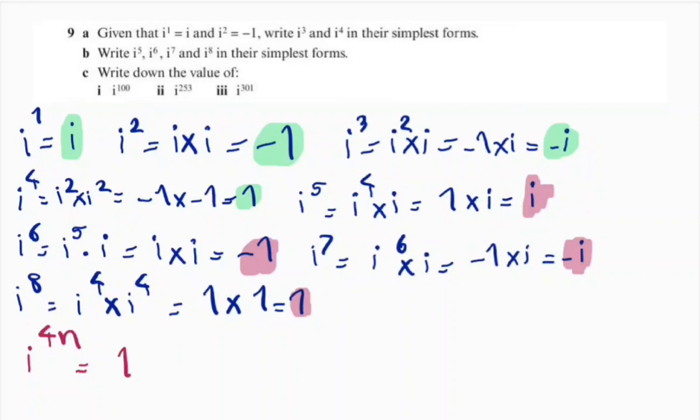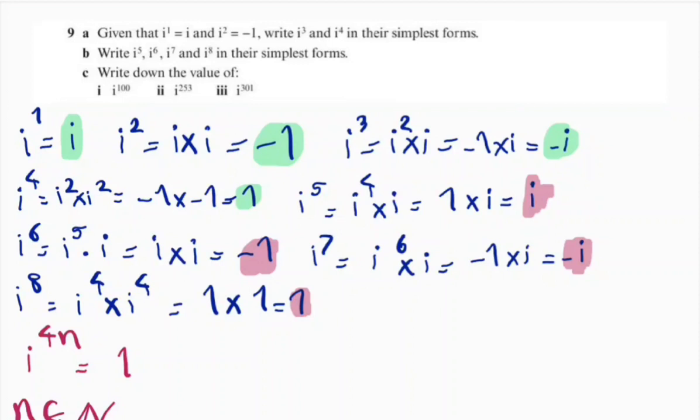For example, when n is 1, we have i to the power of 4, which is 1. And by the way, this is true when n is a natural number, and we know that natural numbers are the numbers that we can count with, like 1, 2, 3, 4, 5.